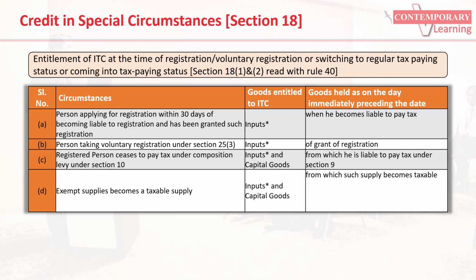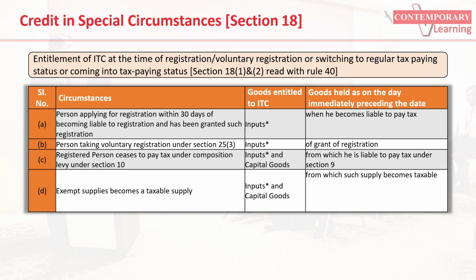Second, when you take voluntary registration, you can claim ITC on inputs held on the day before registration was granted. Third, when you cease to pay tax under composition scheme and move to regular scheme, you can claim ITC on both inputs and capital goods held from the day you became liable to pay regular tax.